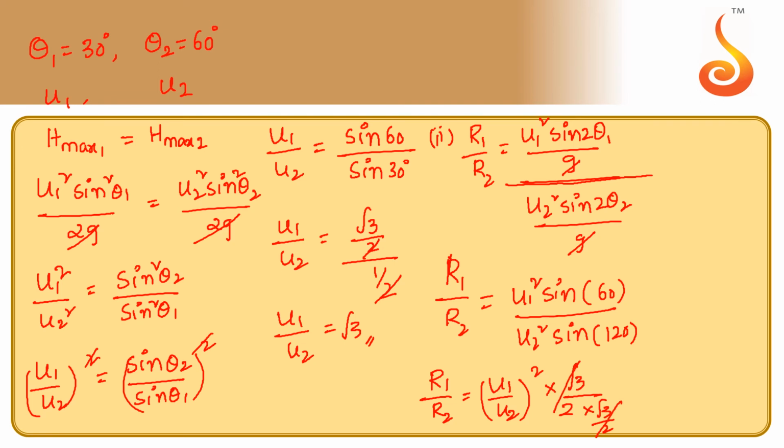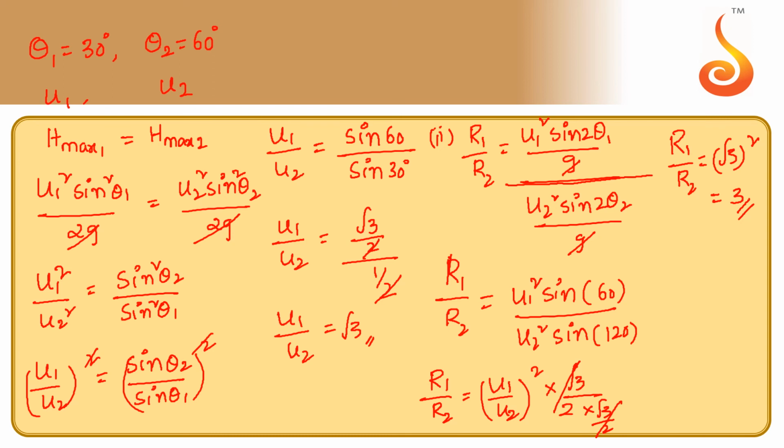Root 3 by 2 gets cancelled. Therefore, r1 by r2 is equivalent to u1 by u2 whole square, where u1 by u2 is root 3, whole square, which is equivalent to 3. So the ratio of the ranges will be 3.